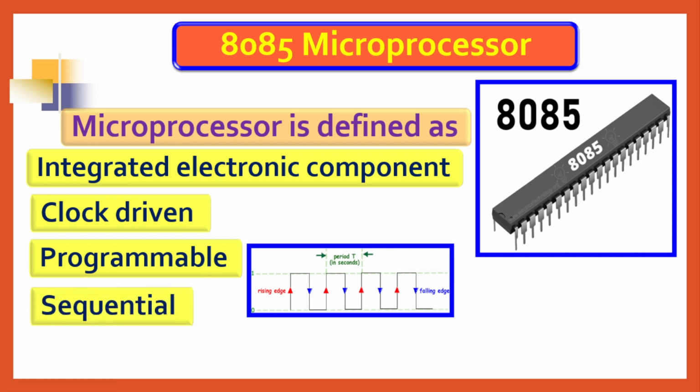The other important point is that it is sequential. Nowadays systems are designed to work 24/7. For example, a surveillance camera works 24/7, which means that when you write a program of thousands of lines, it is connected with the microprocessor. The program is in memory, and both are connected.